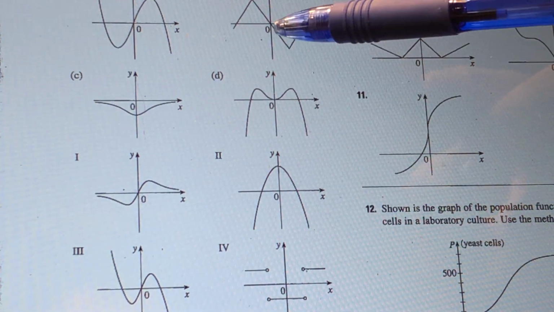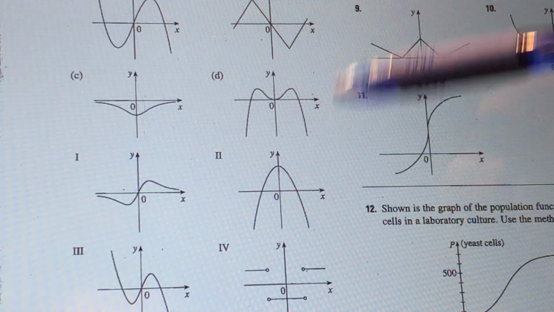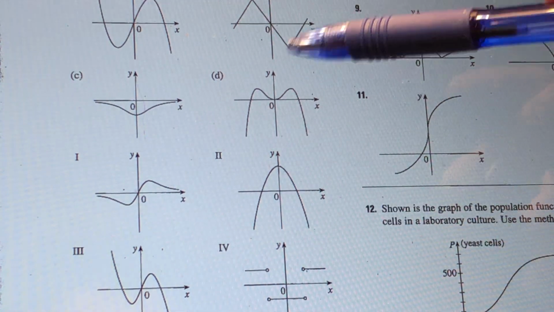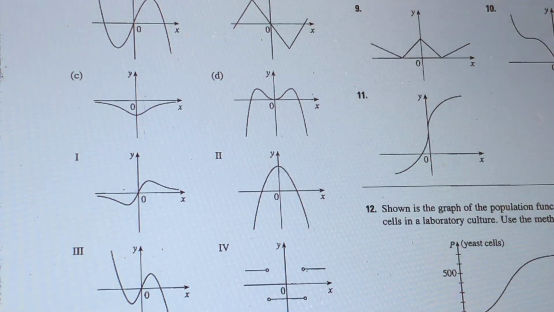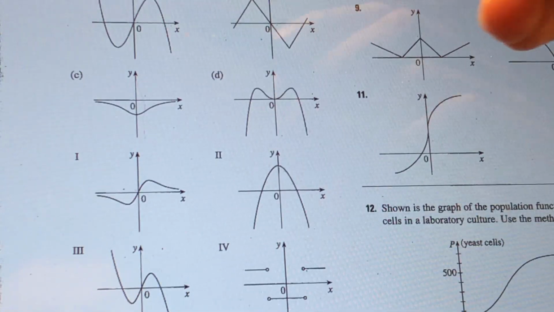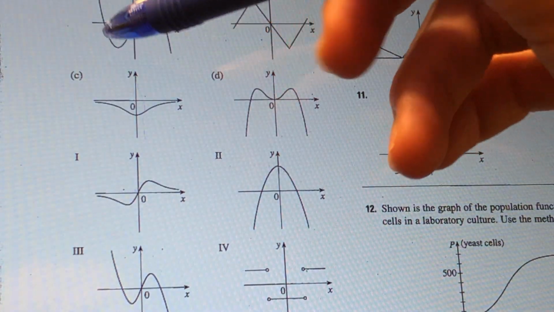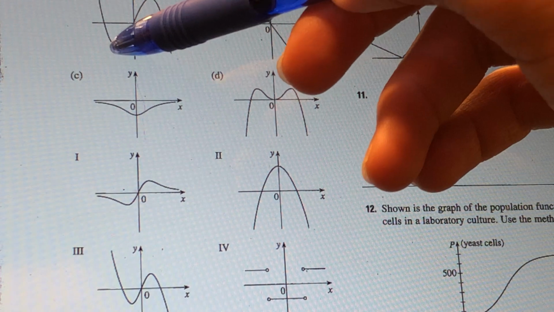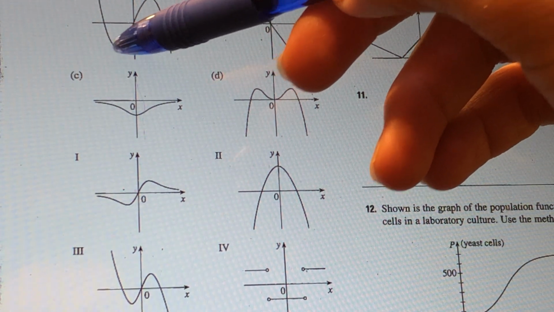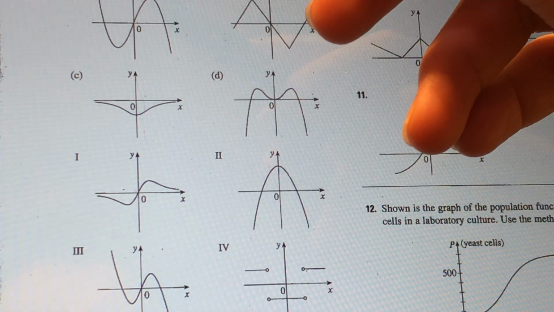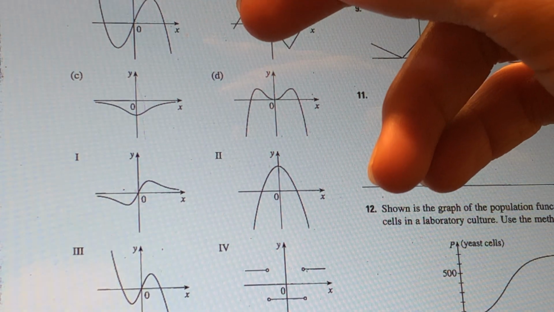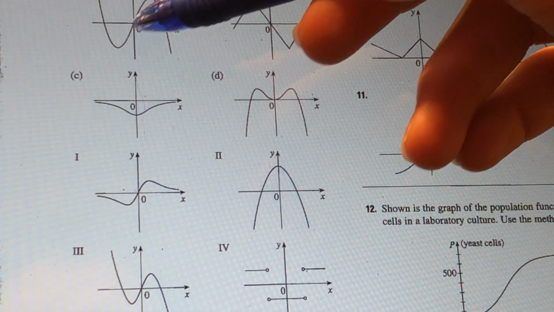Then the derivative is negative, and then there's a sharp corner, which means you get a hole, then it jumps to being positive. So B matches with 4. Now let's look at A. You have a negative derivative, and when x is negative 2, the derivative becomes positive. Then when x is positive 2, the derivative becomes negative, because it goes from decreasing to increasing.